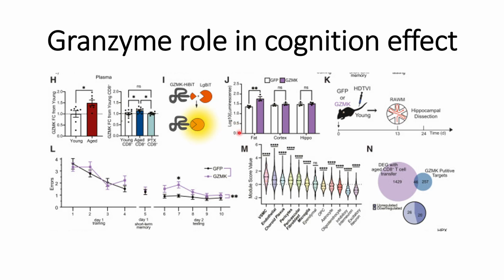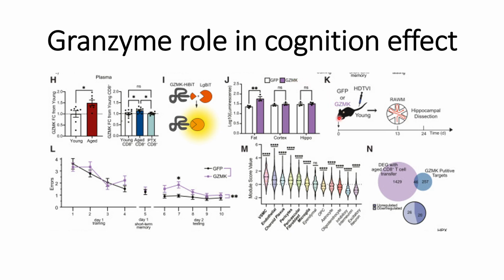In their studies, they saw circulation of the exogenous Granzyme only in the fat, or the periphery, whereas in the cortex and hippocampus they do not see significant changes between the control, that is GFP, and the Granzyme. So they only see changes in the periphery, in the fat region.